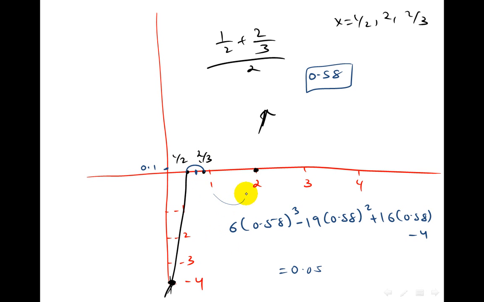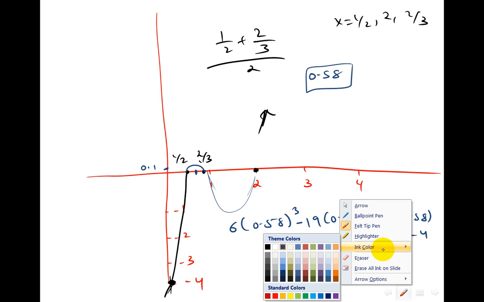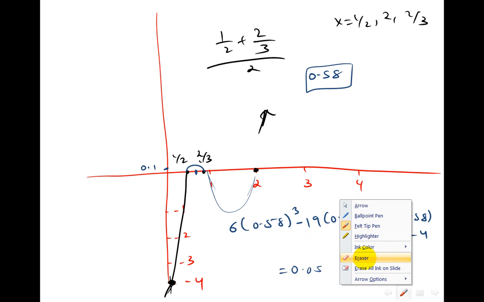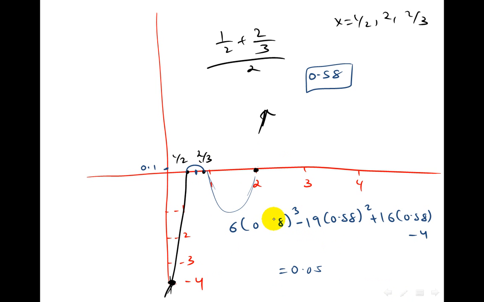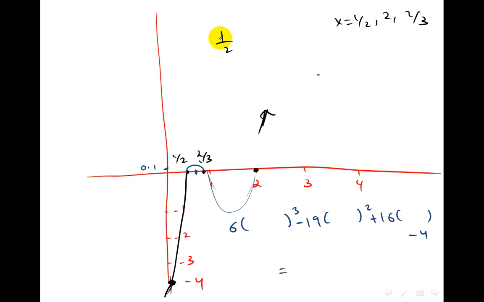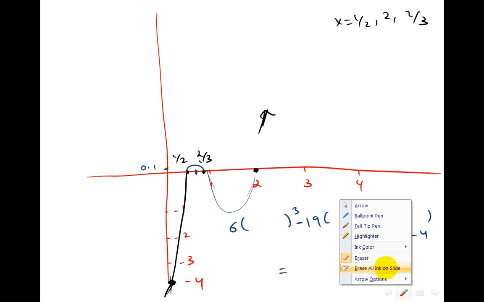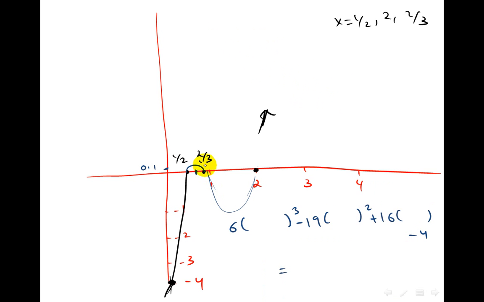Then it will go down and touch the 2. Again here you need to know what's the local minimum. So to find that local minimum, follow the same step. So now what are the two numbers that I'm going to add and divide by 2? They're going to be 2/3 and 2, because it's between 2/3 and 2.